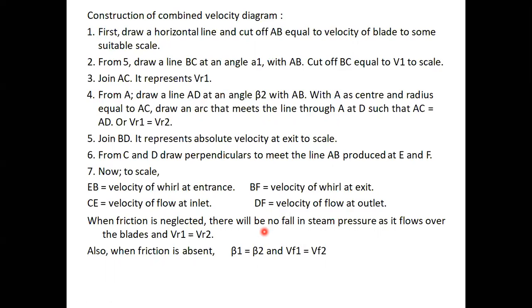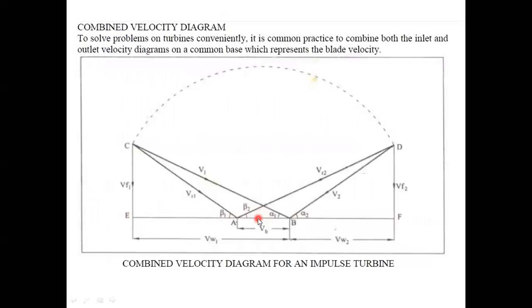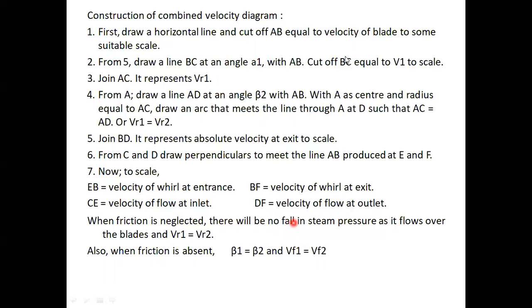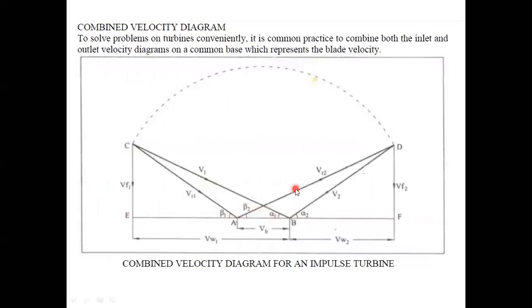From B, draw line BC at an angle of alpha 1. Draw a line at angle alpha 1 with AB and cut off.